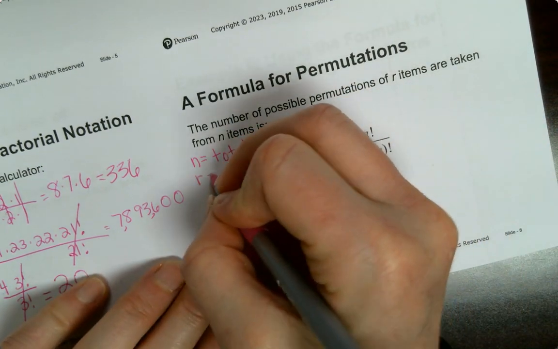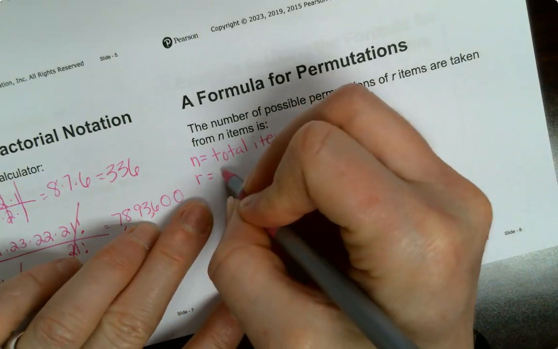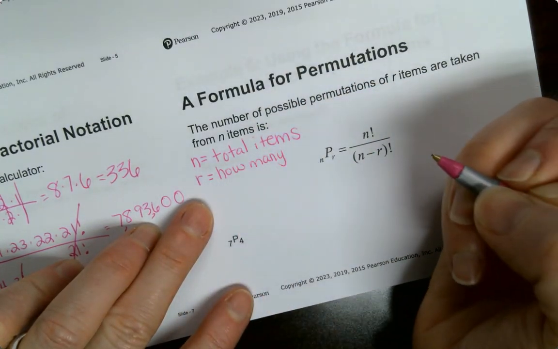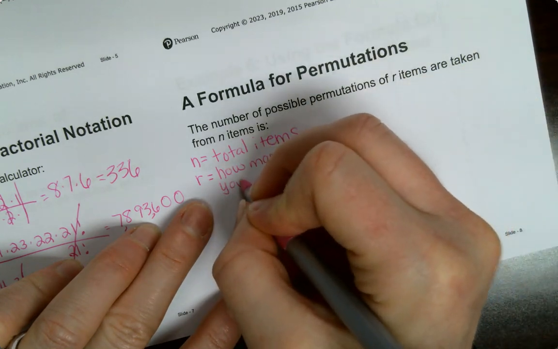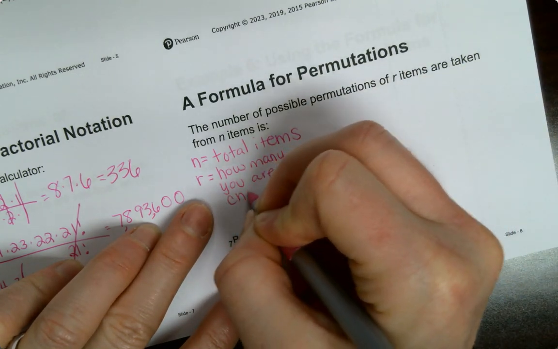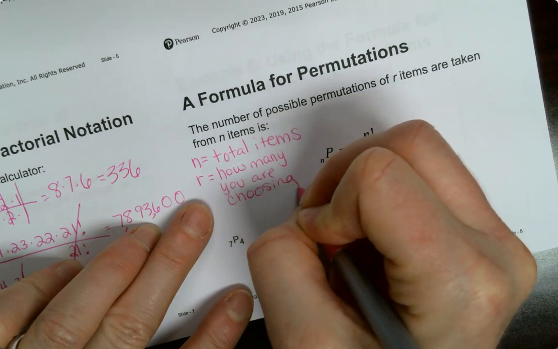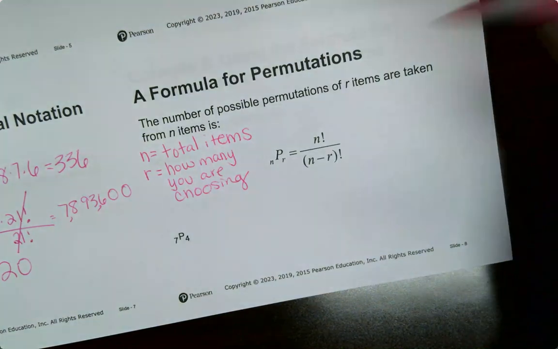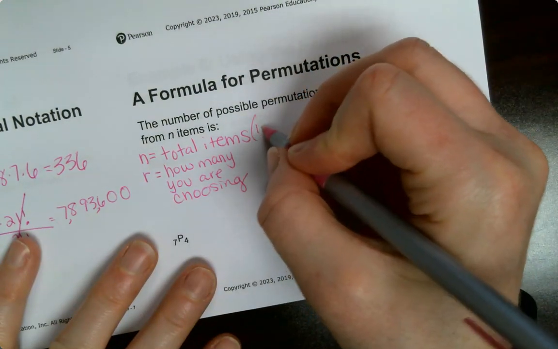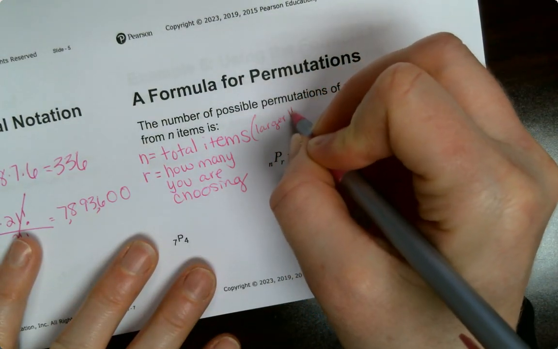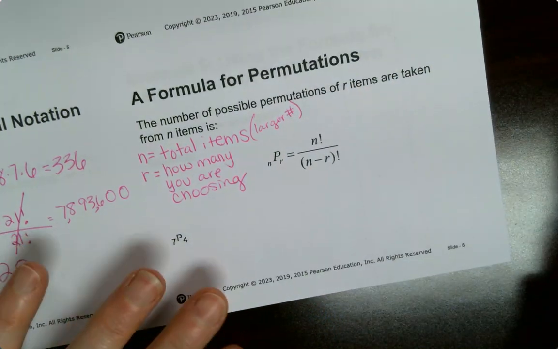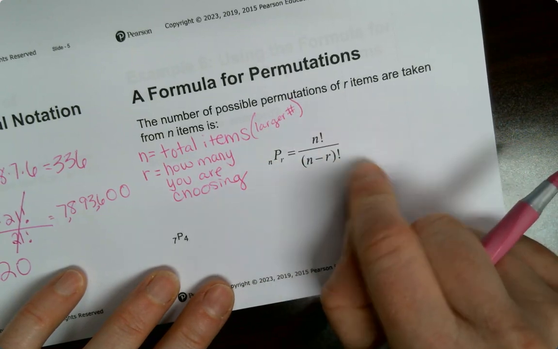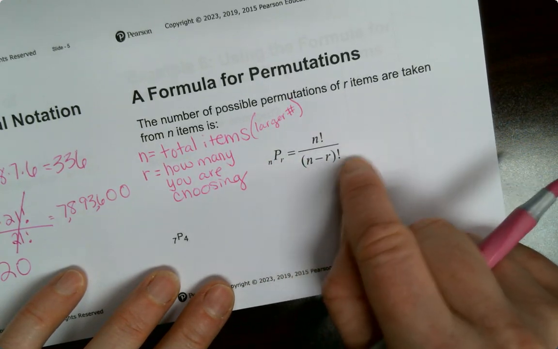And R is going to represent how many you're choosing from the N items. So N is going to be your larger number. That's all your items. R is just how many you're choosing. So we use this formula, N factorial over N minus R factorial.